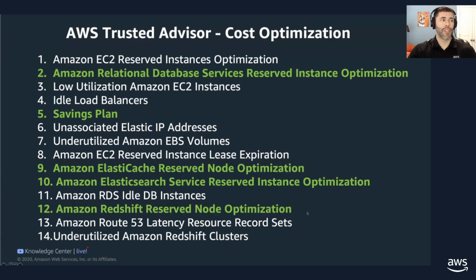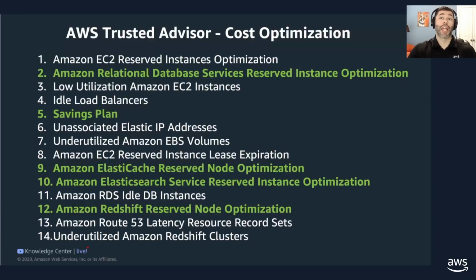You can see I've got a few of these highlighted in green, and those are the 5 new checks that we just came out with recently for Trusted Advisor. So if you've been using cost optimization before, maybe you haven't looked at it in a couple of weeks, go back into the portal, take a look at Trusted Advisor, and see these new checks, specifically ones around savings plans that'll check your usage for EC2, Fargate, and Lambda, and give you savings plans purchase recommendations there.